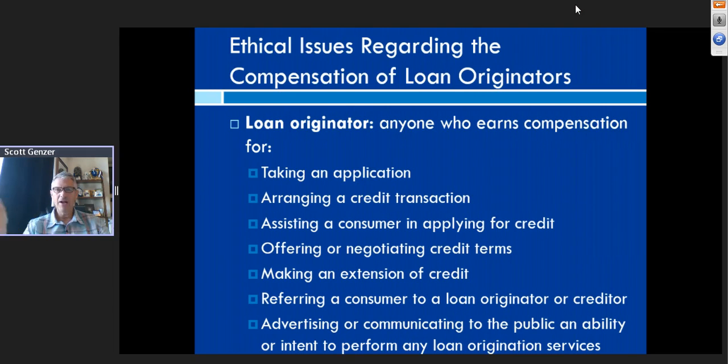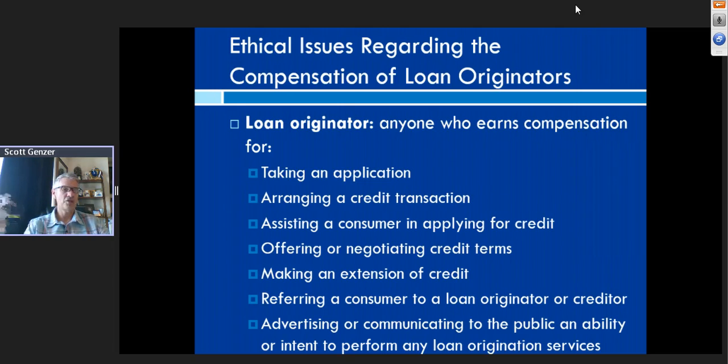So the TILA defined what originator compensation is and who's an originator covered under the regulation. So they said an originator is anyone who earns compensation or expects to earn compensation for doing these loan officer things. Right?